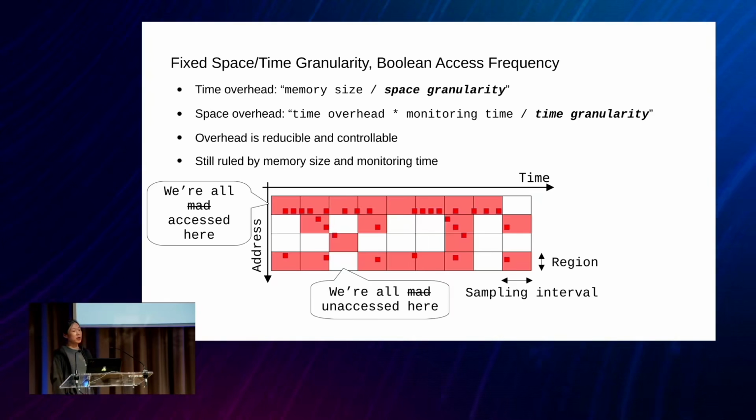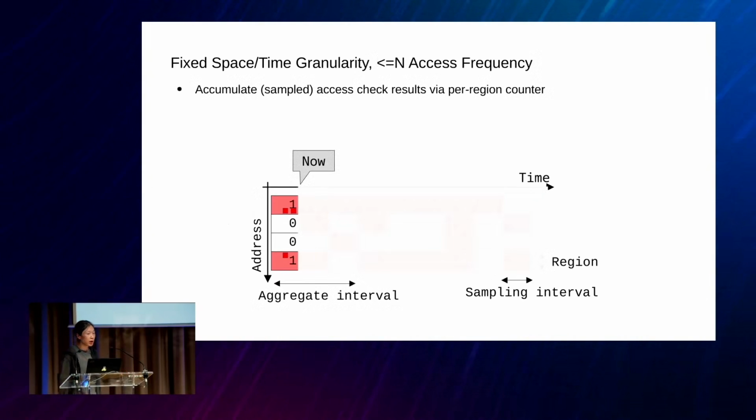It is a big improvement, but still the overhead is ruled by the memory size and monitoring time, which can be arbitrarily high. We can improve this further by increasing the level of the access frequency that we monitor. That is, we can aggregate multiple access checks into one result per region, accumulating the positive results of the access check using a per-region counter.